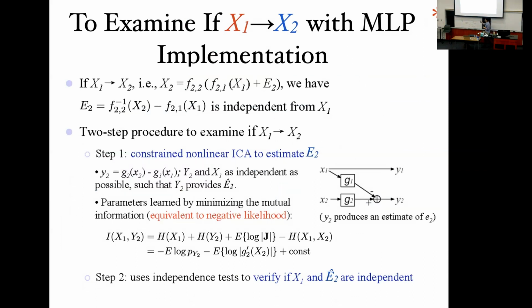And alternatively, you can also directly estimate the relations among multiple variables by doing a specific type of nonlinear ICA, as you see. So from here, if you have many variables, still you can do similar things. Although in practice, it might be kind of complex since you have so many nonlinear functions to estimate at the same time.